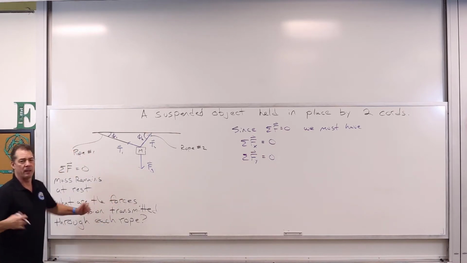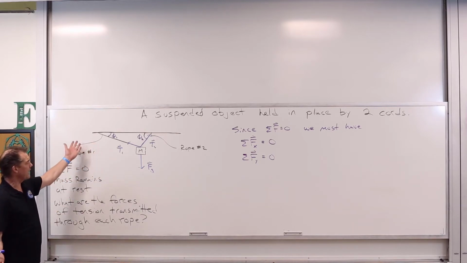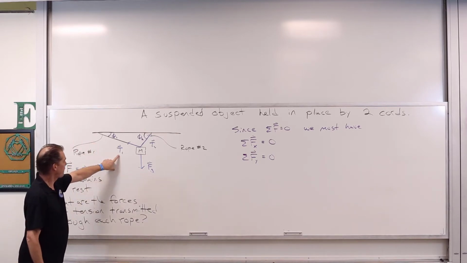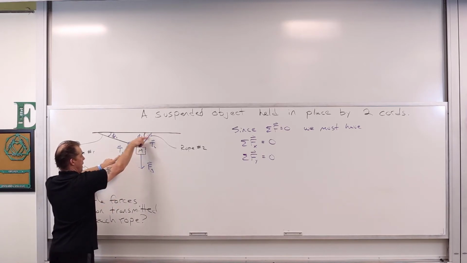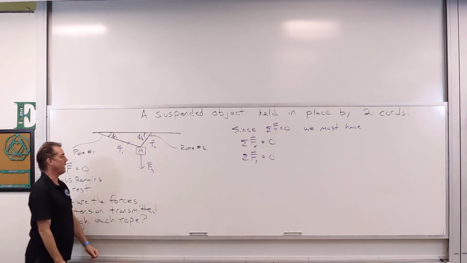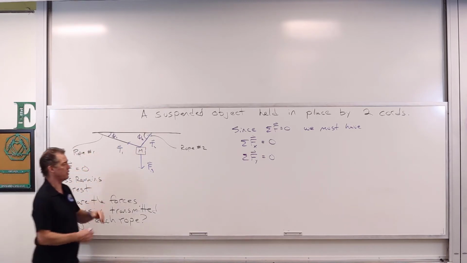So we break things up into x components and y components. That's it. So how are we going to do this? Well, we can start looking at the x components first. This force here has some x component, it's that way, and this force here has some x component, it's that way. So what if we just take those two forces right now and just look at their x components?